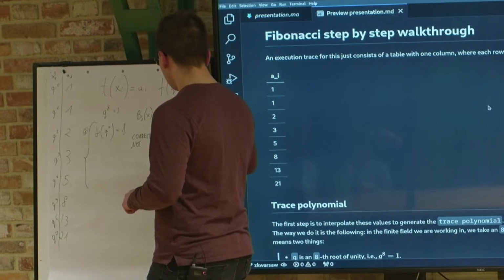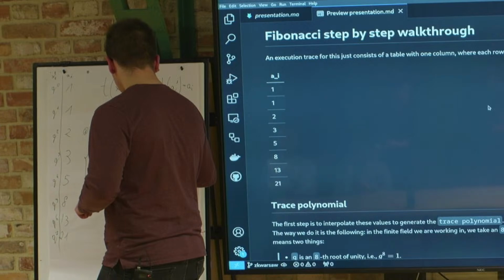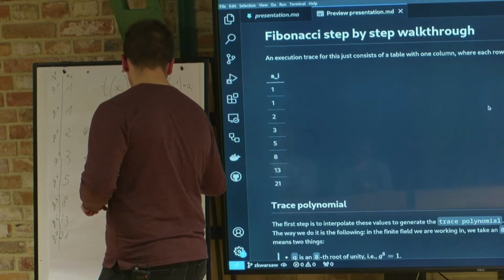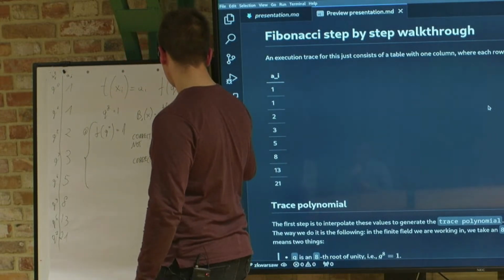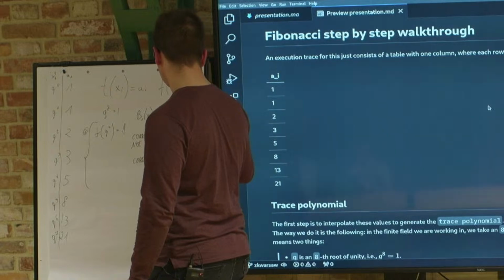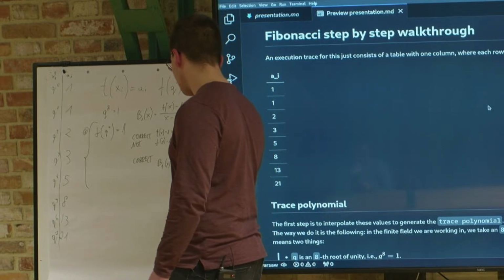What we see when the trace is correct: I have b1 of x, and this b1 of x is going to look like x minus g0 times q of x over x minus g0, and that's just q of x.